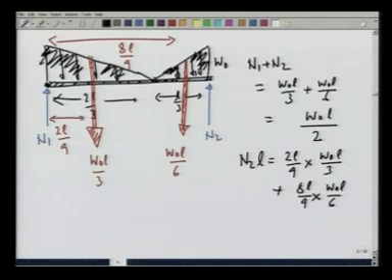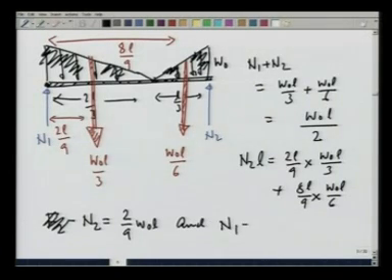When I solve the two equations, I get N2 to be equal to 2/9 W0 L and N1 to be equal to 5 W0 L over 18.